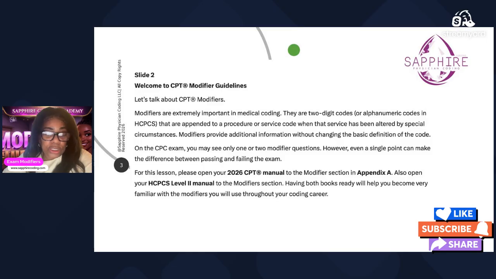Because these modifiers are in your HCPCS and they're also in your CPT. I know a lot of people don't really look at their HCPCS the way they do their CPT, but you have modifiers in there that you most definitely will be using. So make sure that you look at them. Again, you guys can backtrack this when this class is over and go through the slides on a slow basis.